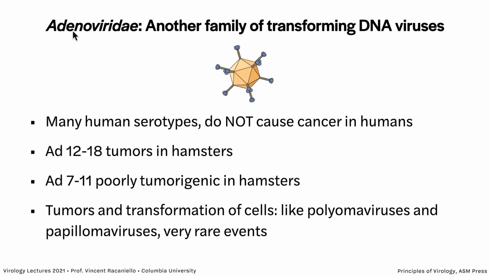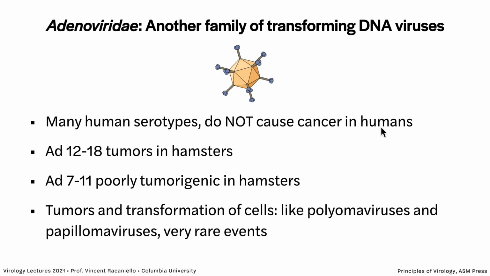But first we have to go through another family of transforming DNA viruses, adenoviruses, which up until now I've told you cause respiratory and GI and eye infections in people, not tumors in humans. These are human viruses. Many human serotypes of adenovirus exist, but they do not cause cancers in humans.